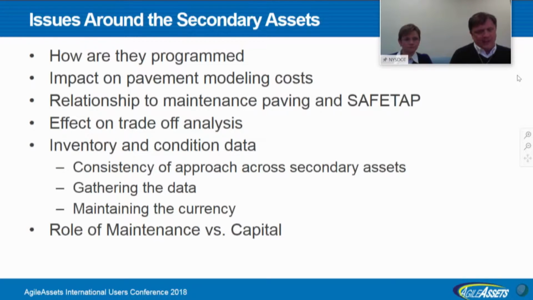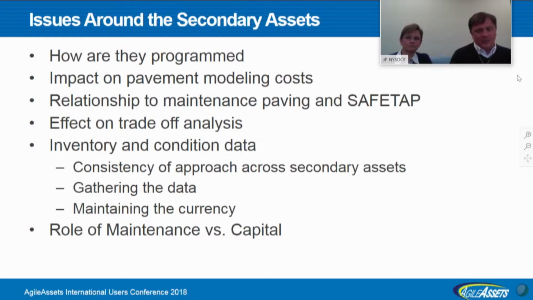And then the role of maintenance and capital. For us here at DOT, there are really two different sides of the coin. The way capital thinks about programming projects and setting priorities is very different than we do with maintenance, who tends these days to be very reactive. And we're just starting to get our heads around how we are going to treat these secondary assets.